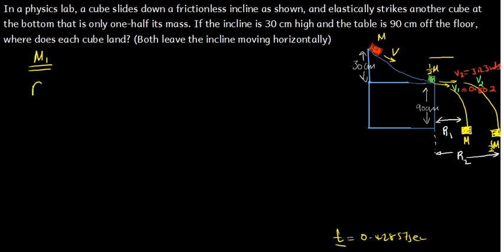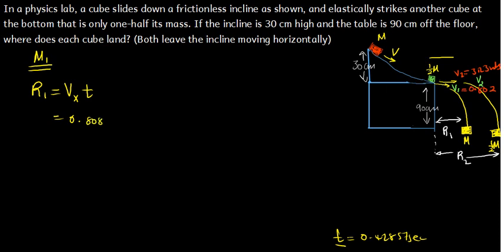So range is given by velocity in the x multiplied by time. And we know that the velocity with which these masses had to fall is just the velocity in the x, because they were moving horizontally, they didn't have any component in the y. So for mass 1, that is 0.808.